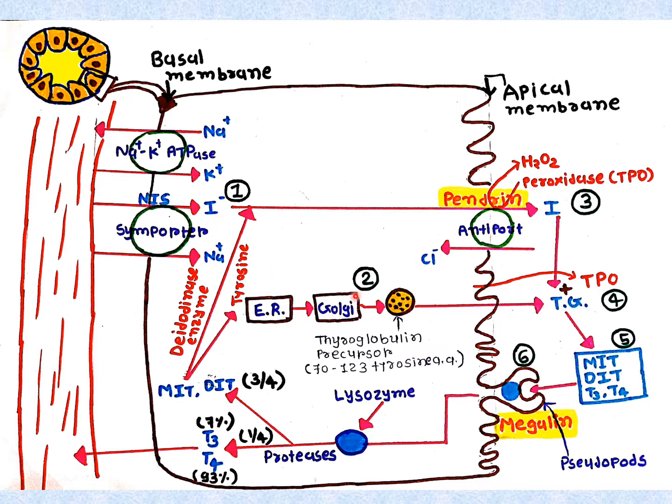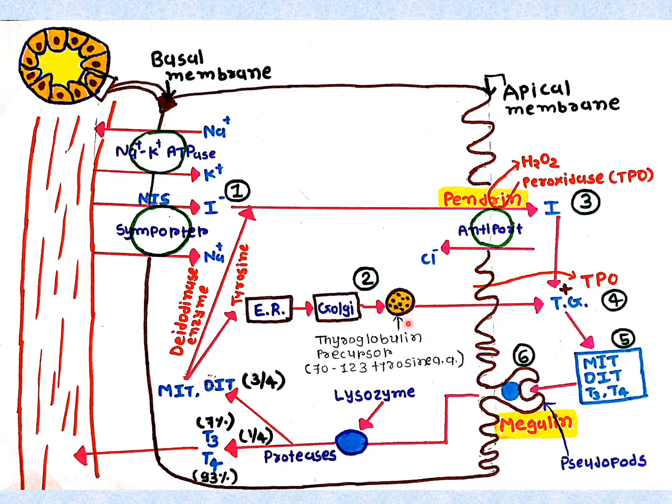Now the second step: synthesis of the thyroglobulin precursor by the endoplasmic reticulum and Golgi apparatus. They synthesize and secrete thyroglobulin into the follicle.